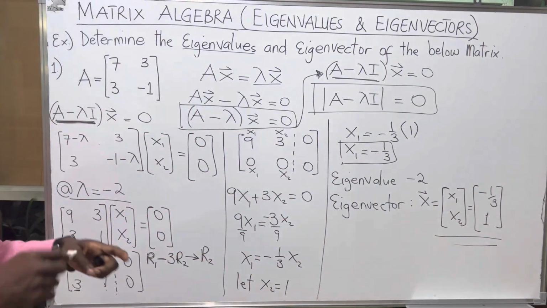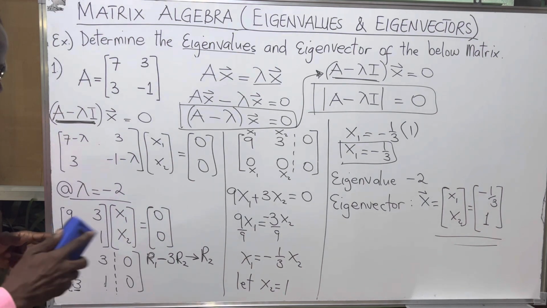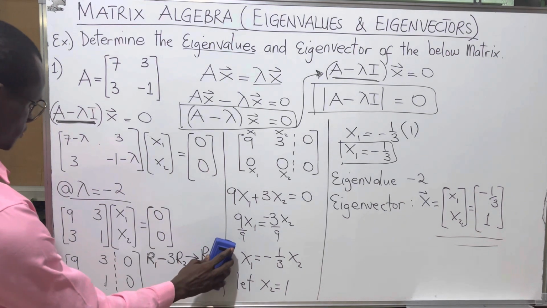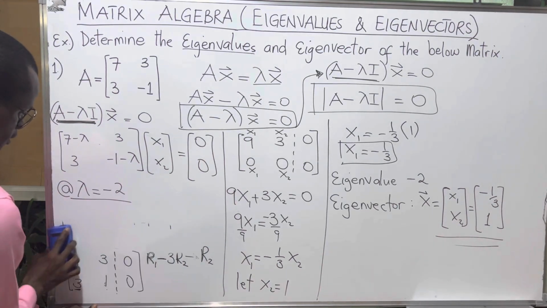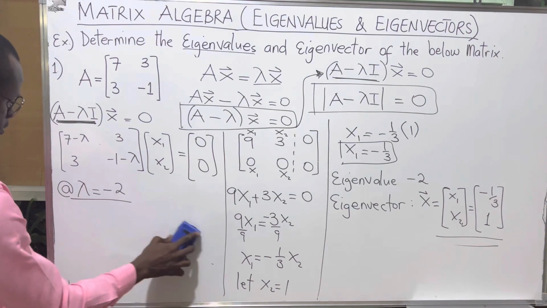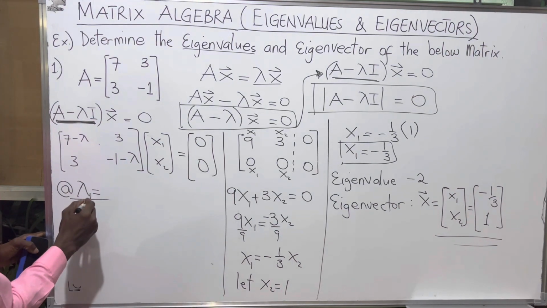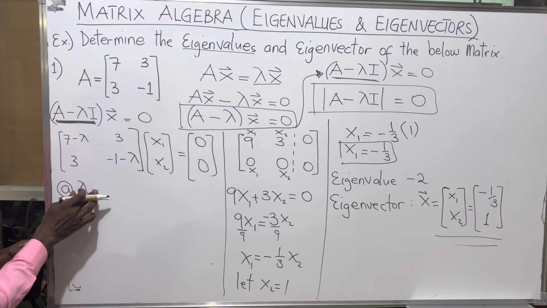So now we need to move back to the second value that we got. What was the second value? The second value that we got was positive 8. So we erase this one. The first one was lambda 1, so we now move to lambda 2.